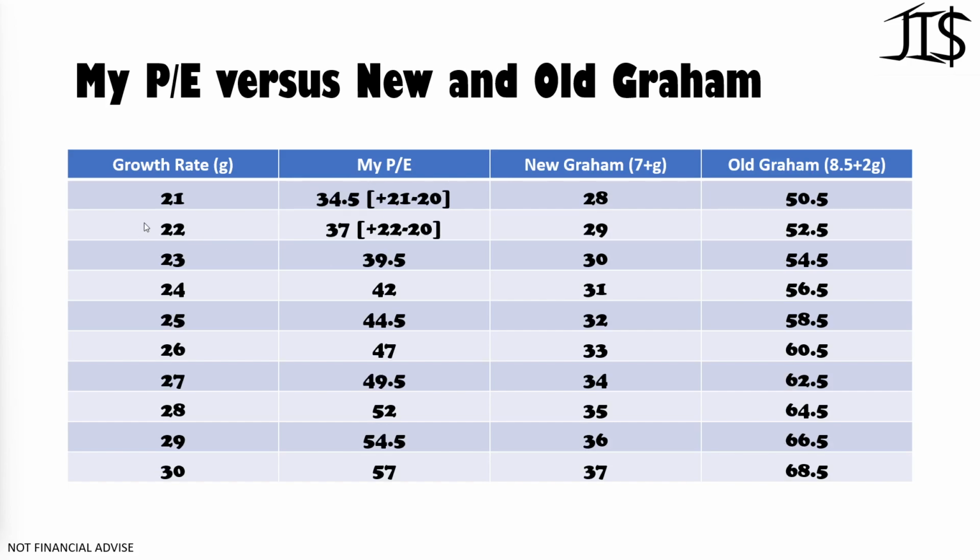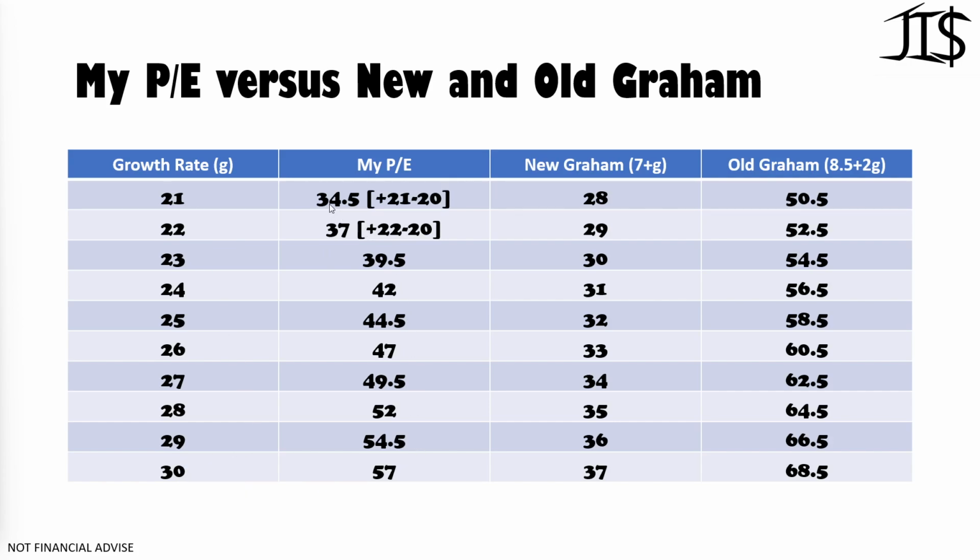And then for an even higher growth rate from 21 till 30, and actually also up to 35, there I calculate even with an extra factor. So with the factor that I added from 11 till 20, I add another one, and that's 21 minus 20, or 22 minus 20, 30 minus 20.